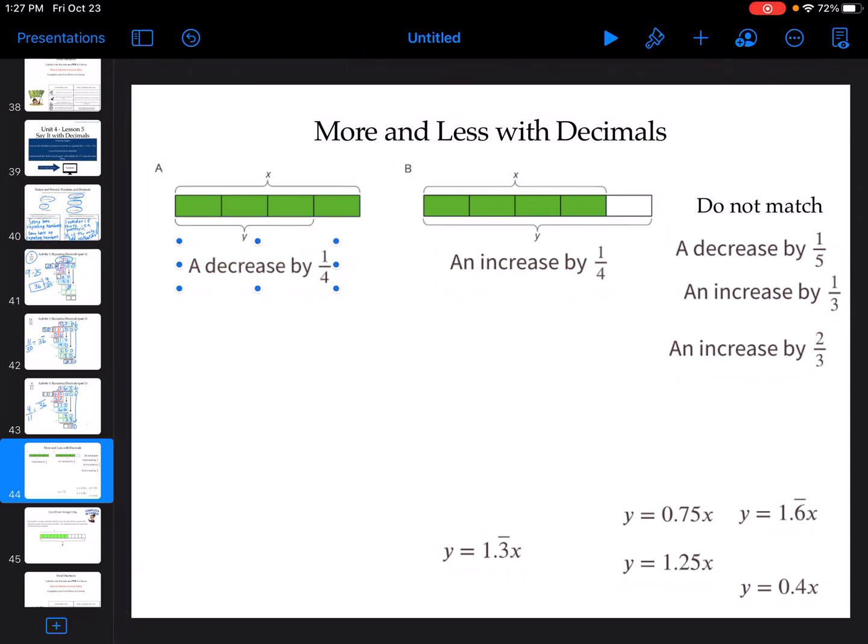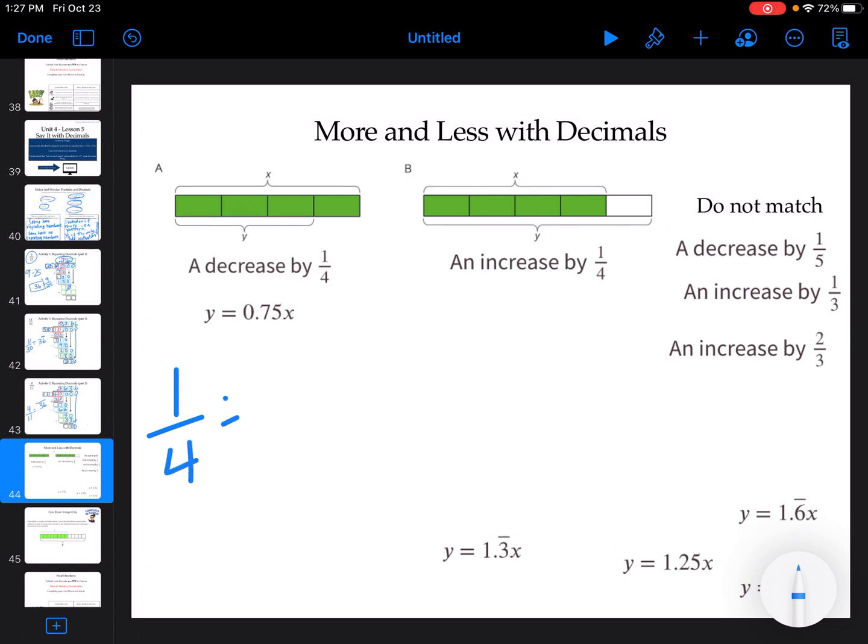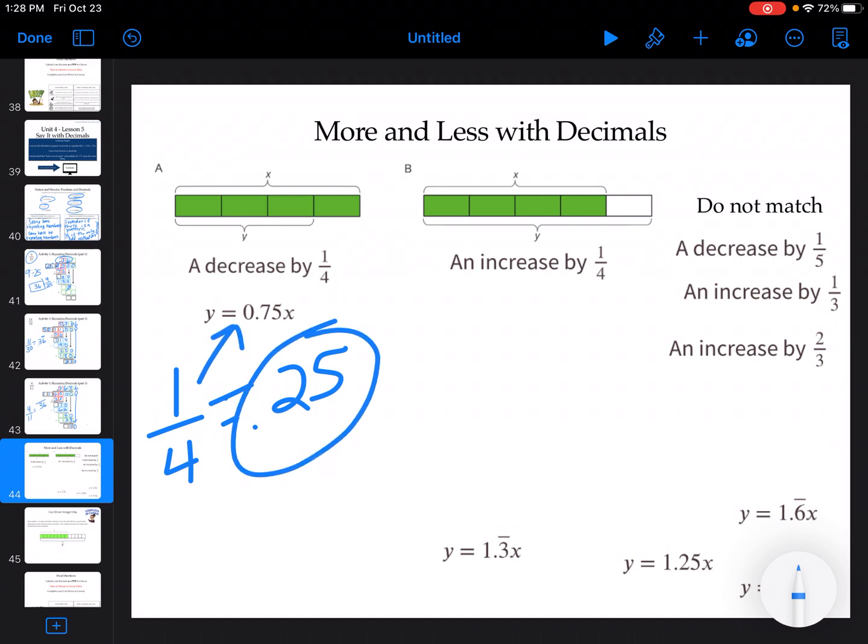Okay, so decreasing by 1/4 is going to be 0.75 because a quarter is 25 cents. So 1/4 is equal to 0.25. So if I'm decreasing by 0.25, I get 0.75.